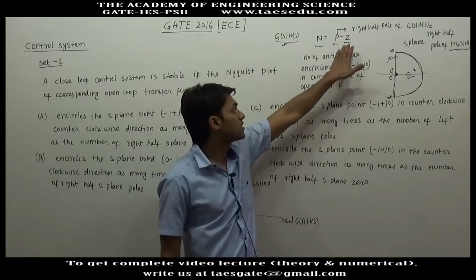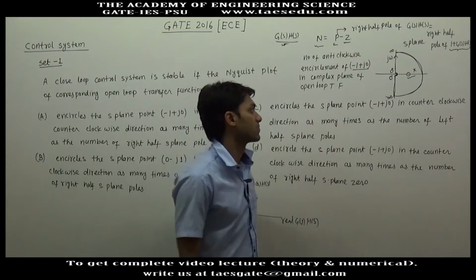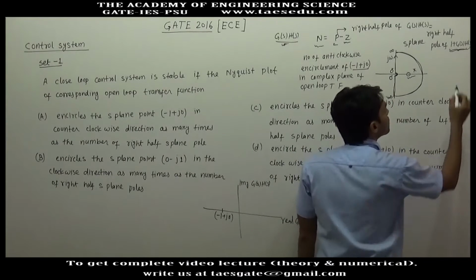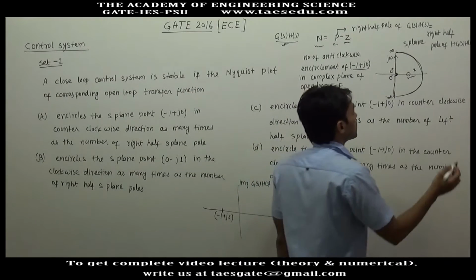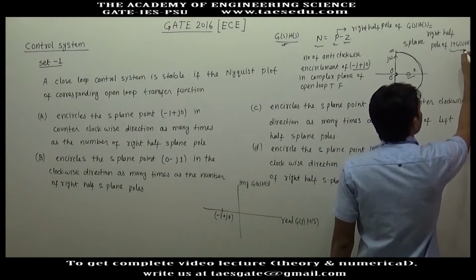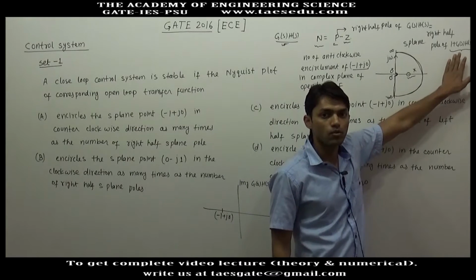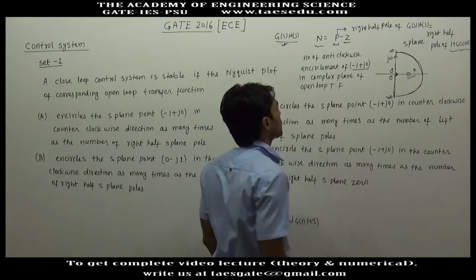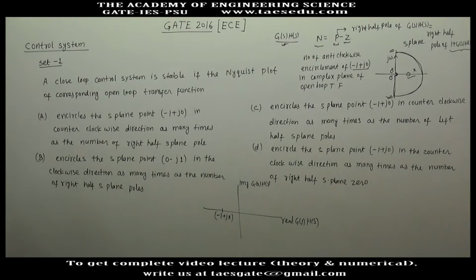Z is nothing but the number of right half poles of the closed loop transfer function, because this term appears in the denominator of the closed loop transfer function, so the zeros of this term will be poles of the closed loop transfer function. Okay, so this is the formula to find out stability with the help of Nyquist plot.